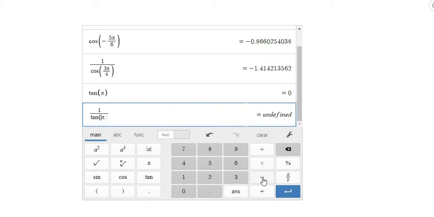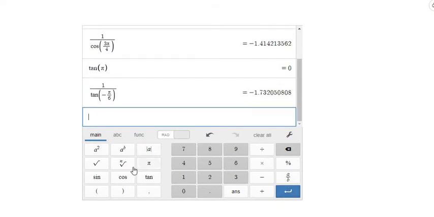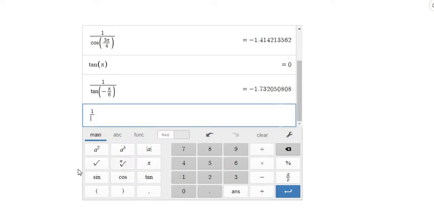But for this one, we did want to find cotangent of negative pi divided by 6. So now when I plug it in, I get approximately negative 1.7321. And then our last one was cosecant of 5 pi over 6. So for cosecant, remember that it is 1 over sine.